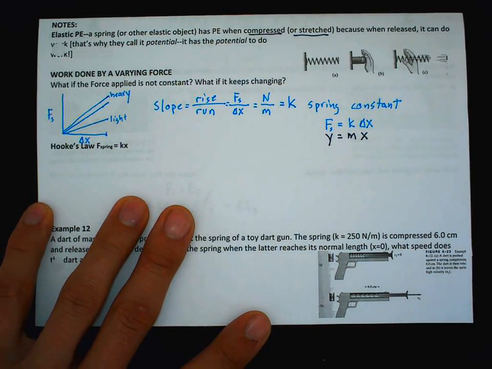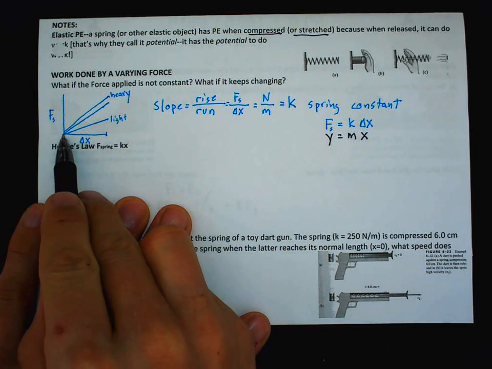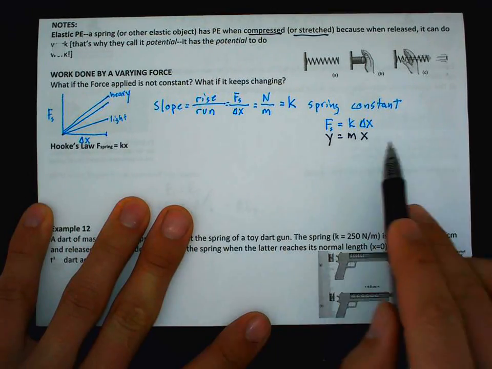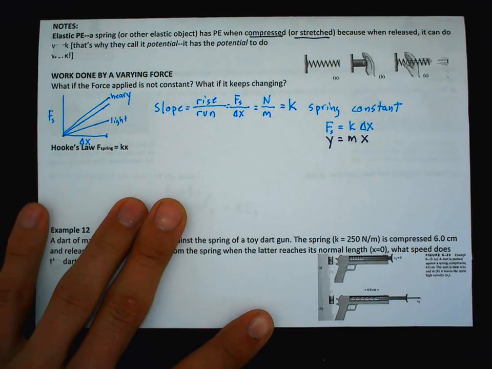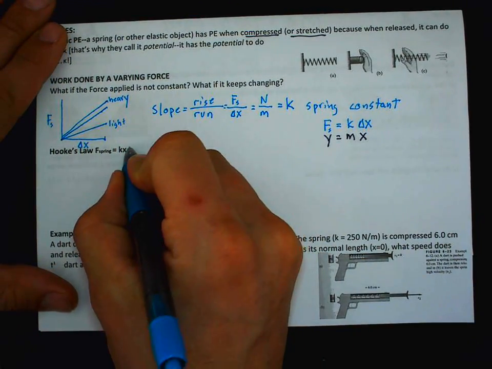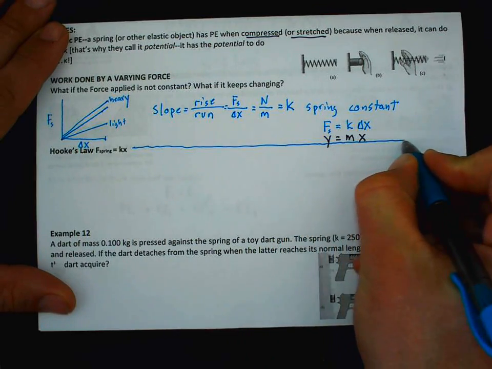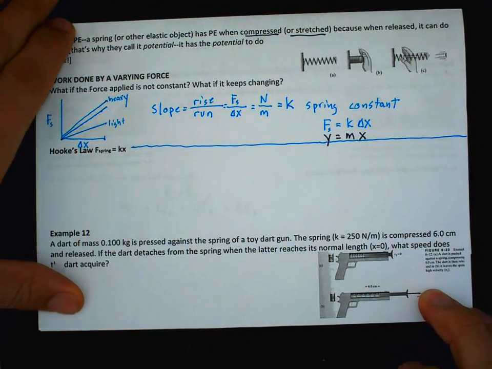It doesn't have a plus b, because if delta x is 0, there's no force on the spring. So there's no plus b in this equation. We've already done that before. That's good review on Hooke's law, and you even did a lab on that.